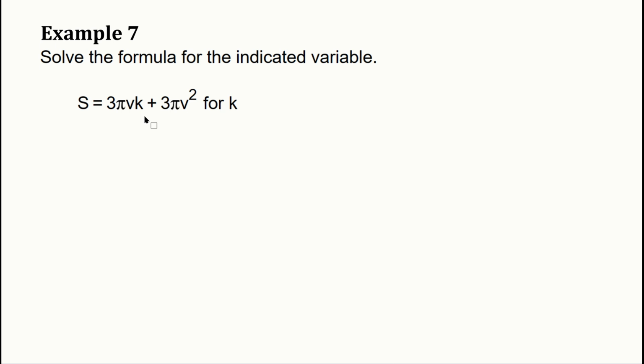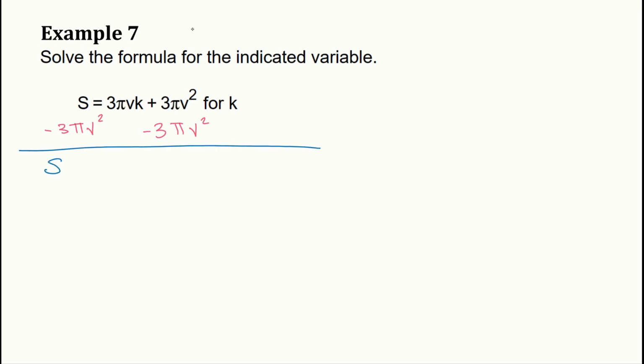All right, so since we want to solve for k, we're obviously going to isolate the k term whenever possible. And it is pretty easy to do that by just moving this term to the other side. So we're going to subtract 3 pi v squared from both sides. We can do that by the subtraction property of equality, of course.